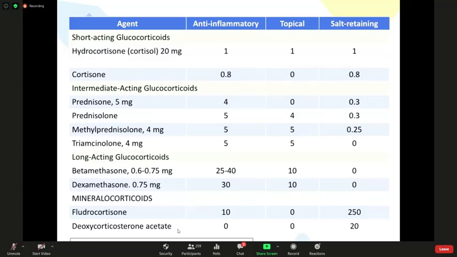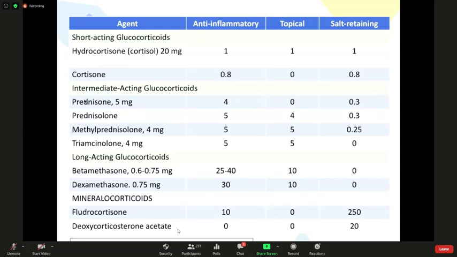Now, what you need to remember is, for example, in the dosing for acute in-hospital therapy, the typical dose is calibrated typically to prednisone, no? Which is one of the most, or if not the most commonly used steroid.